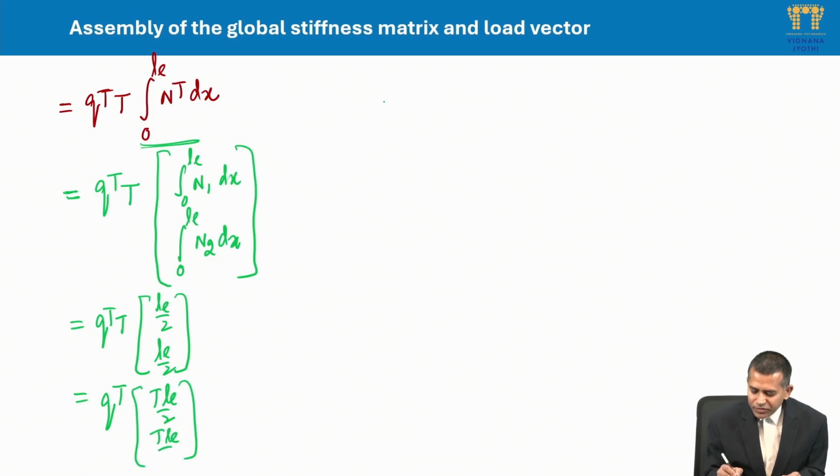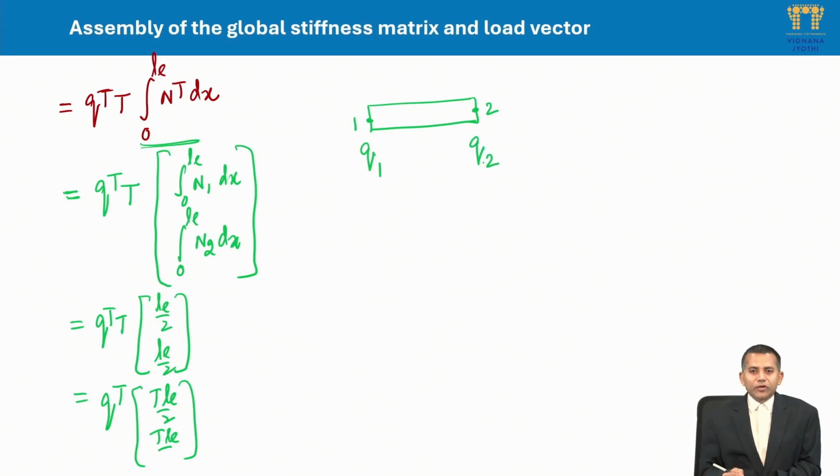Same here, if we take the same element with node 1 and node 2, and Q1, Q2 are the displacements at nodes 1 and 2, and now it is subject to a traction T, which is nothing but your surface force traction T, and the length of this element is LE.